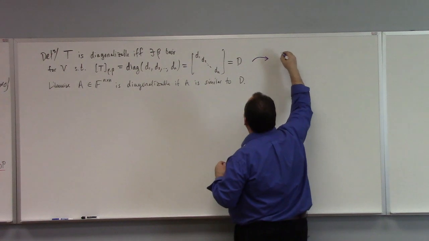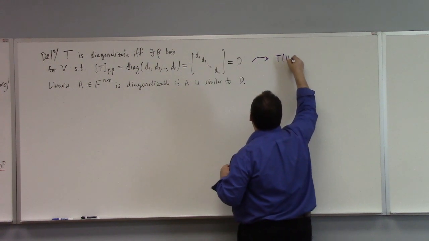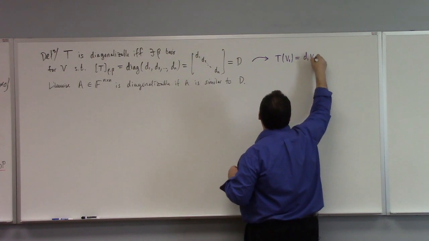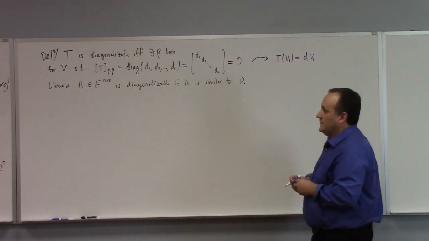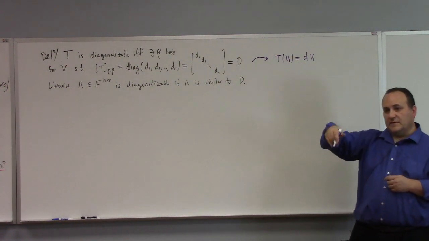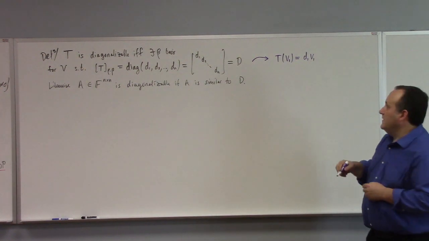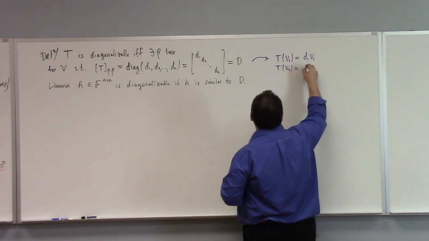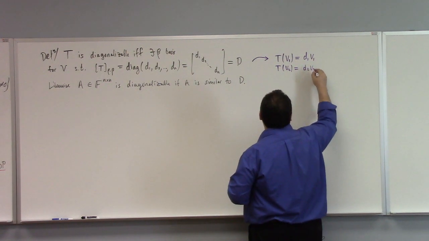This would mean that T of V1 is equal to D1 V1, right? For one thing, because the first column is D1, 0, 0, 0, and it would mean that T of V2 is D2 V2, etc., right?